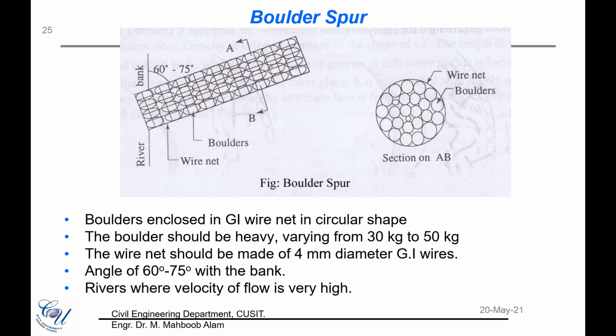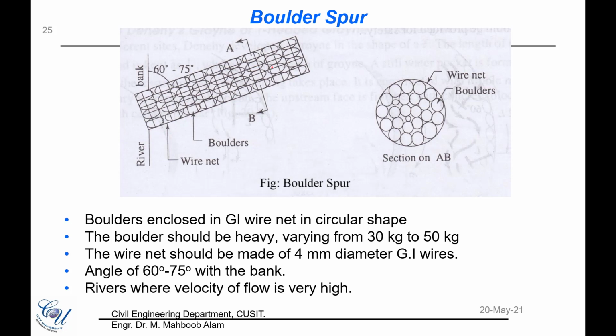We have this network of wires, and these wires contain large boulders, and these usually serve the purpose for us. They are also important because they work very efficiently in larger rivers where the velocity of flow is very high, and also when the width of the river is bigger as compared to the previous cases.